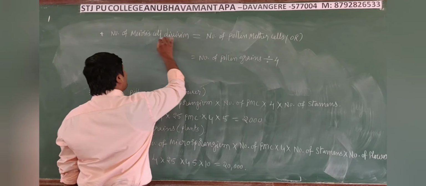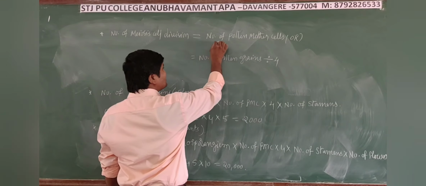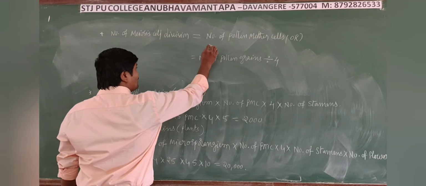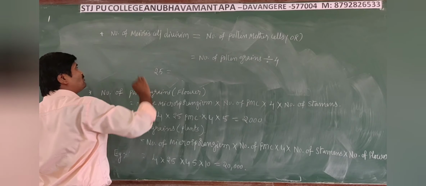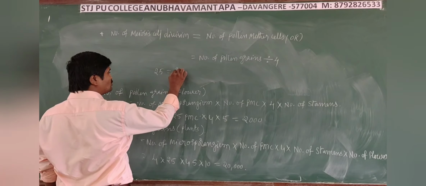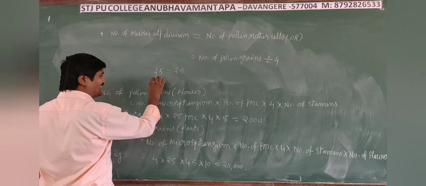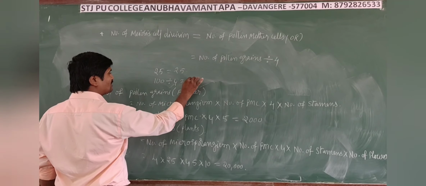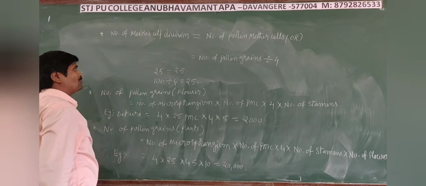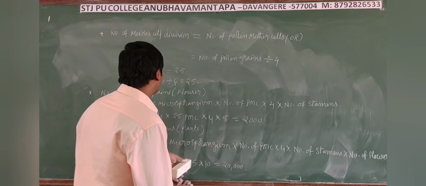So these are easily equivalent to the number of meiotic cell divisions. For example, if the number of pollen mother cells is 25, automatically the number of meiotic cell divisions is also 25. Or, the number of pollen grains 100 divided by 4 is 25 meiotic cell divisions. Okay, next one.